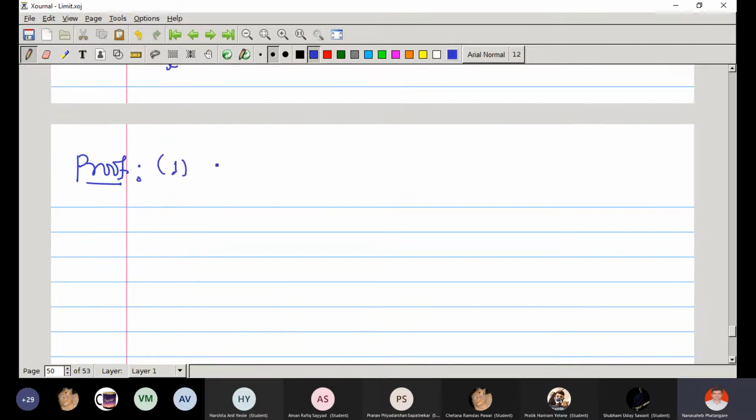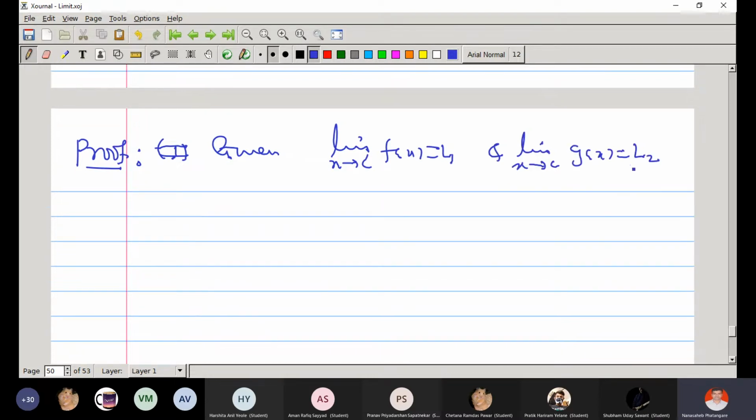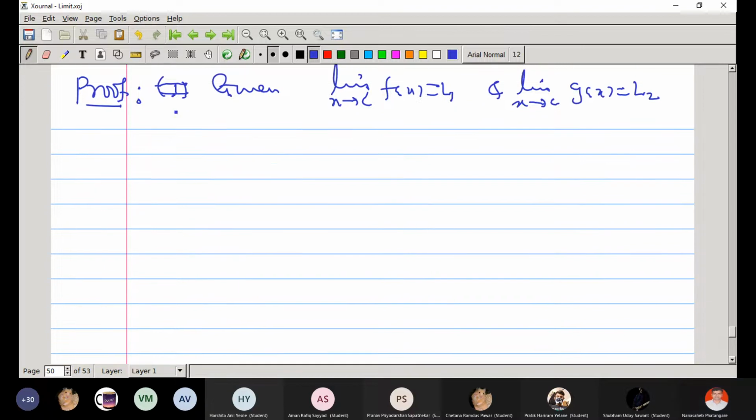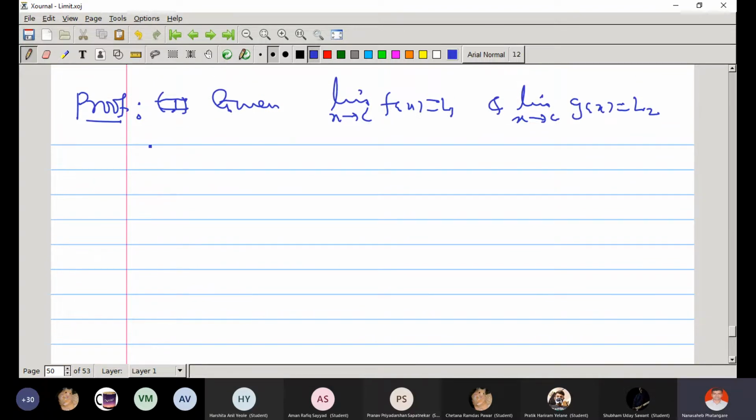What is our claim? What is given? The limit as x tends to c of f(x) is L1, and the limit as x tends to c of g(x) is L2. Fine. So the limits exist. So what is our first claim?